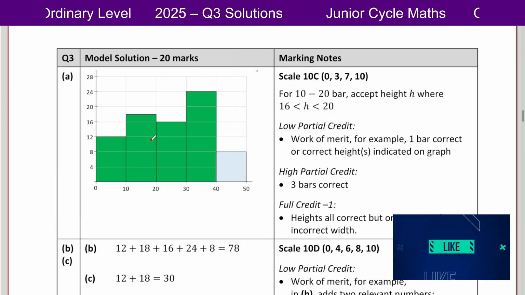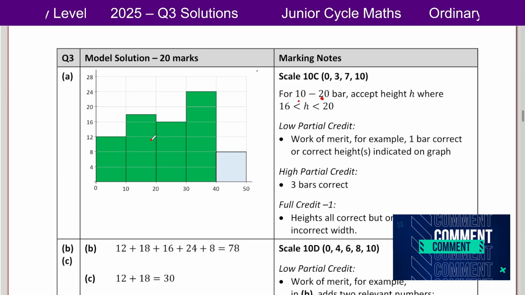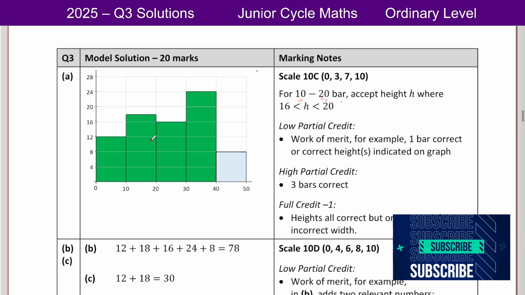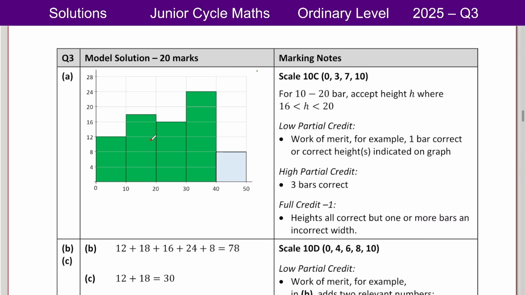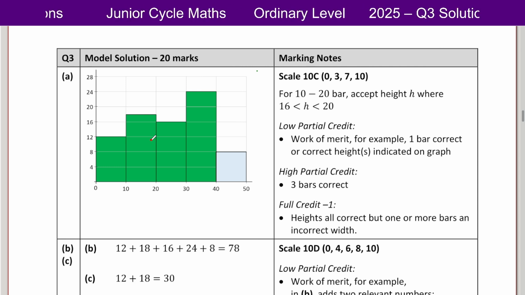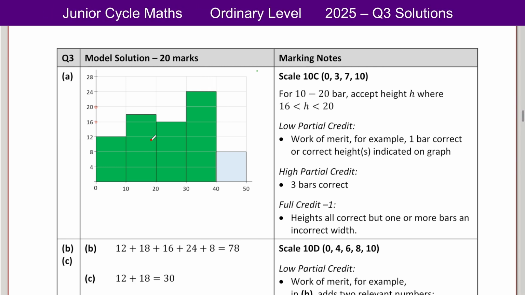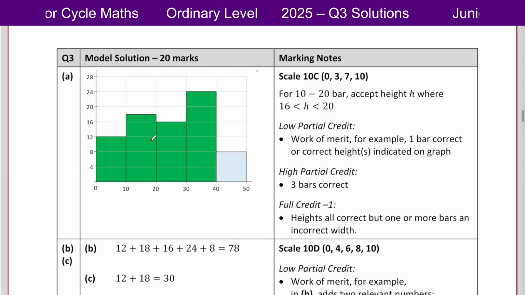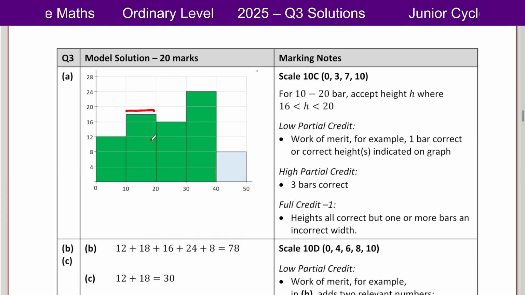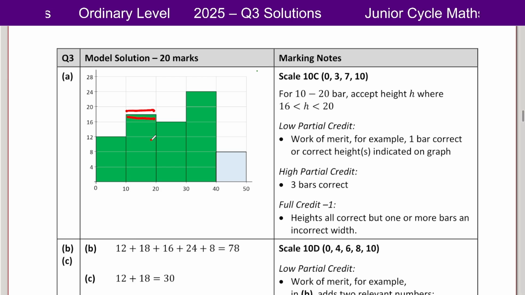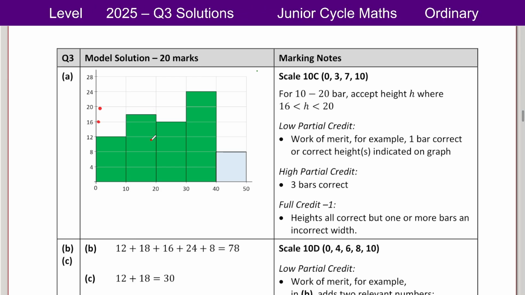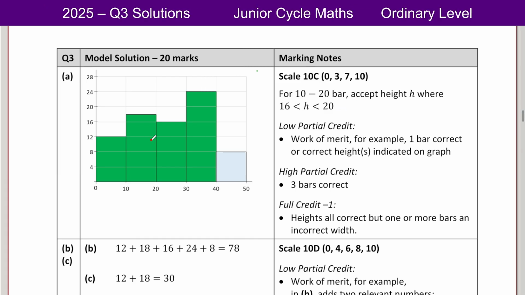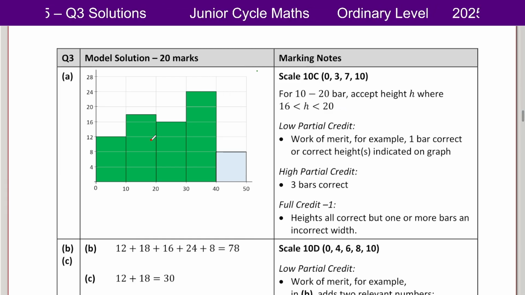There is a note that for the 10 to 20 bar, for this region here, any height between 16 and 20 is accepted. So if we draw it here or a bit lower, it's accepted, but it should be between 16 and 20. It is not very precise, it's just fine.